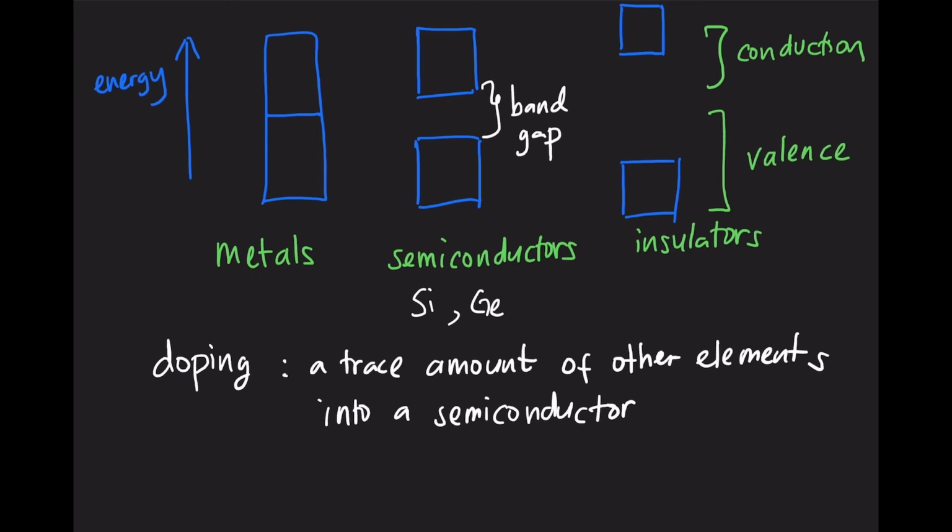And from here, we can have two types of doping. We can have the N-type doped system. We can have a P-type doped system.